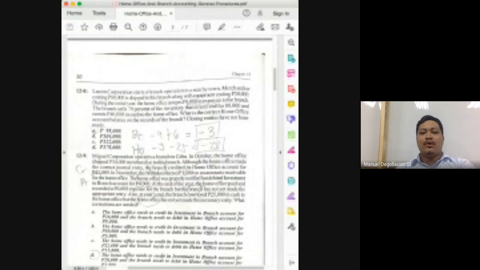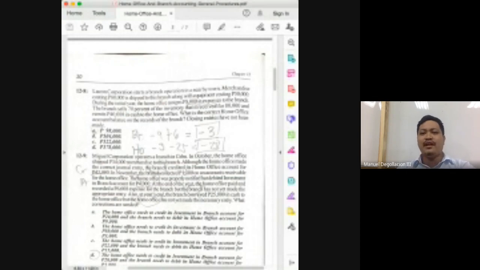So, the question now is, if our answer here is 98,000, why are we not adding the profit or deducting the loss, class? Didn't we say that profit or loss affects home office account? Didn't we say that profit and loss affects the reciprocal accounts? Why then are we not adding or deducting the profit or loss? Because of the last sentence in the problem, class. What does it say?